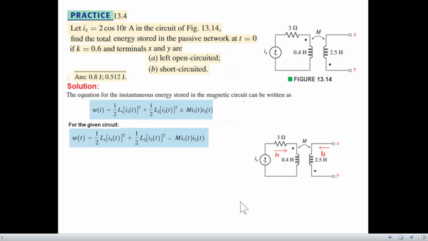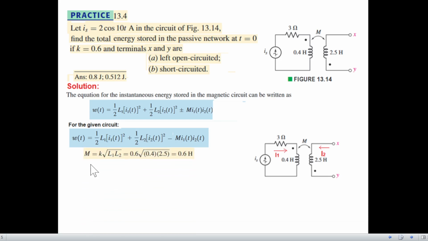The logic is that if the current is entering at one of the dots and the other current is leaving the other dot, then we have to put a minus sign. If the other current was also entering the dot, then we'll have a positive sign. Since in our case the second current is leaving the dot, we'll use the minus sign.